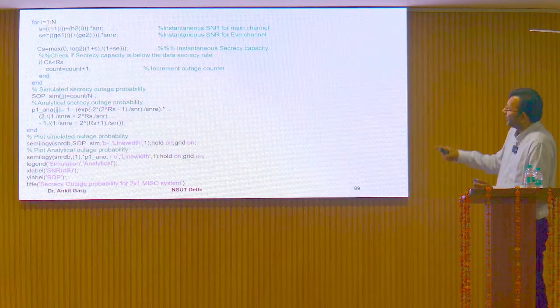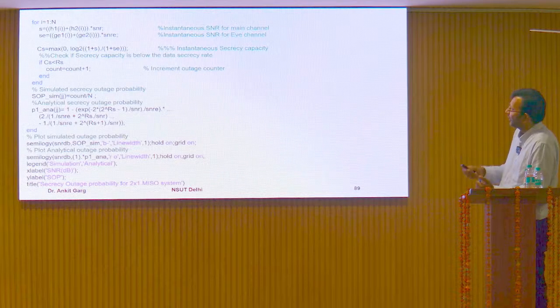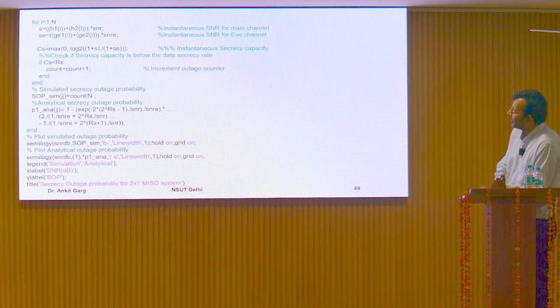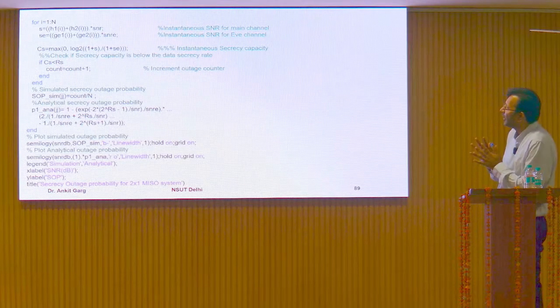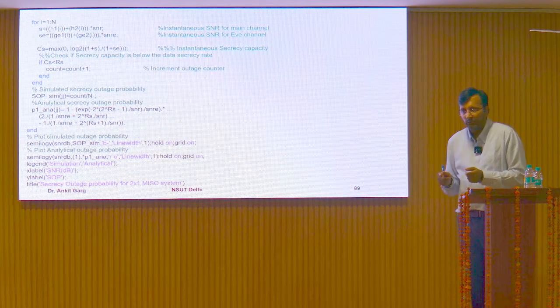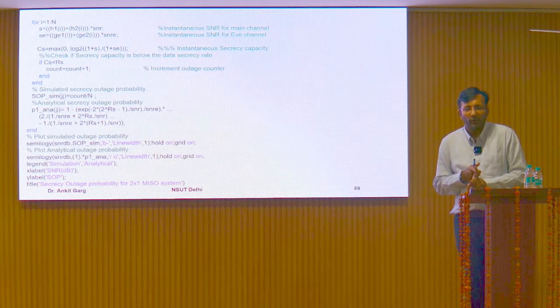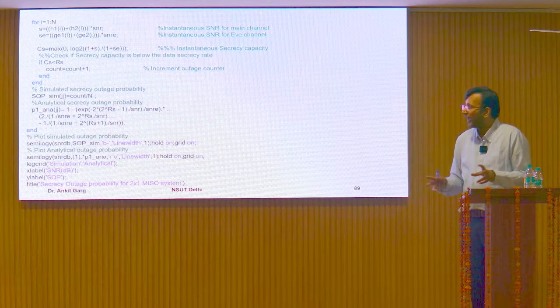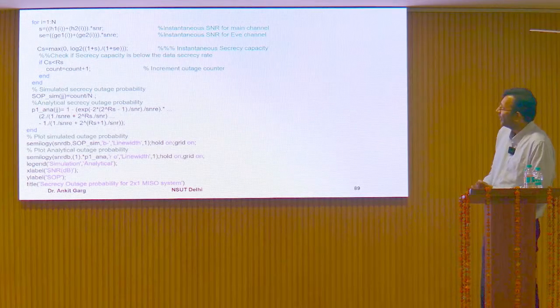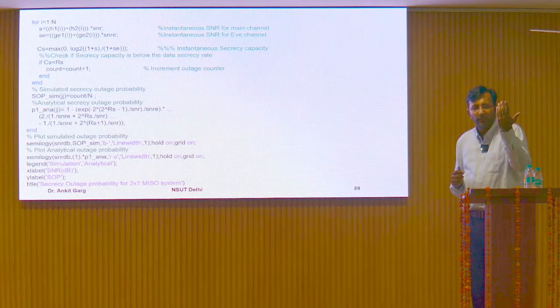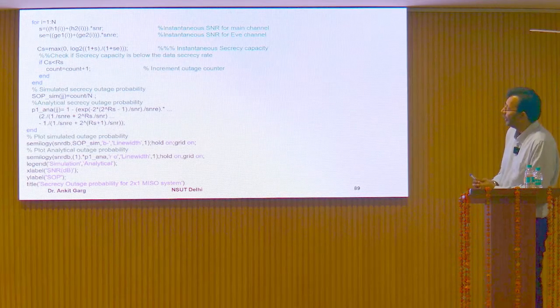Fine. You can see here the CS, that is the instantaneous secrecy capacity. You can easily recall it with the help of the Shannon capacity theorem, right? Log base 2 of 1 plus S. S represents the instantaneous SNR of your Alice to Bob link, and SE represents the average instantaneous SNR from Alice to Eve. Both have two independent channels, right?